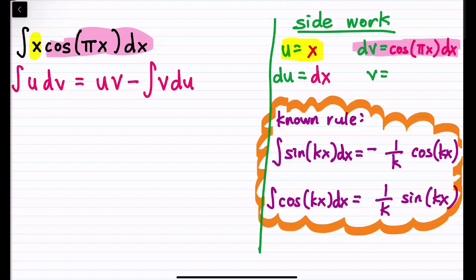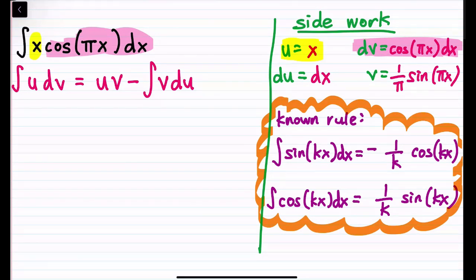So when taking the integral of this dv function, the integral of cosine pi times x is going to equal 1 over pi times sine of pi times x. Okay, so now we have what we need to plug into our formula.